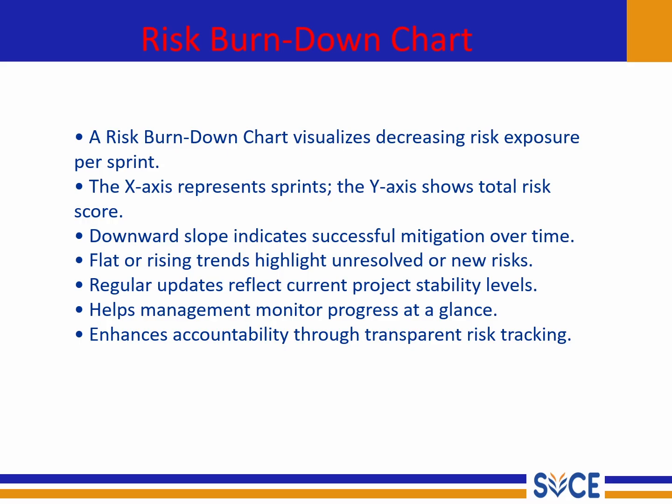Flat or rising trends highlight unresolved or new risks. Regular updates reflect current project stability levels. It also helps management monitor progress at a glance. It also enhances accountability through transparent risk tracking.